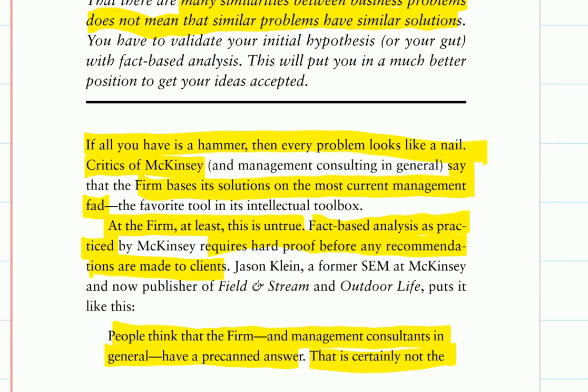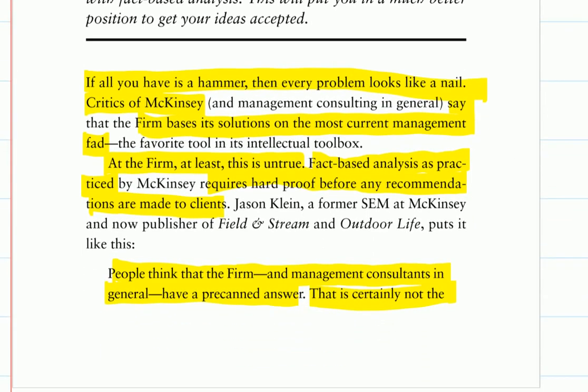So critics of McKinsey and other consultancy firms say that the firm bases its solution on the most current management fad. So McKinsey keeps on building newer and newer models on how to face business problems, and the critics say that they use the newest model irrespective of whether it is right or not. But the author says that at McKinsey, this is untrue. Maybe it might be true for other consultancy firms. He says that fact-based analysis is practiced by McKinsey and requires hard proof before any recommendations are made to the client.